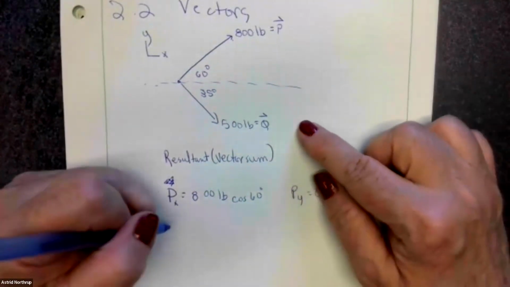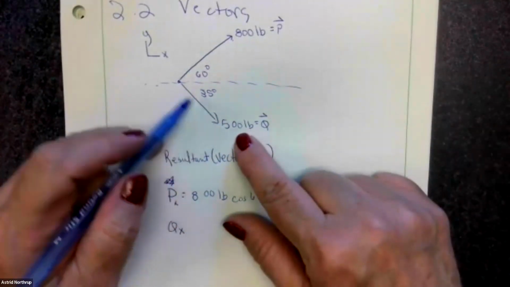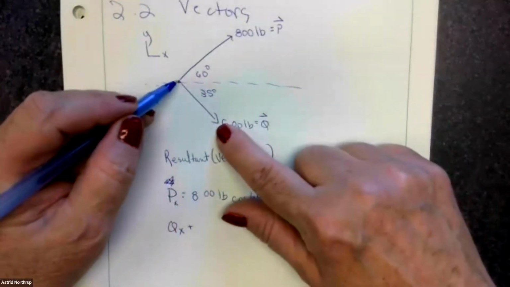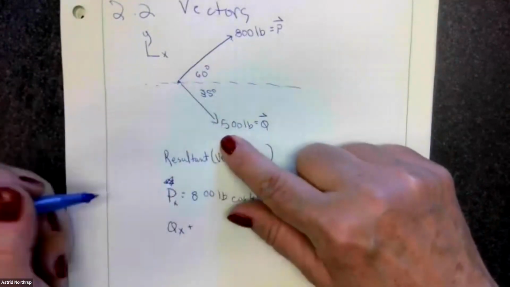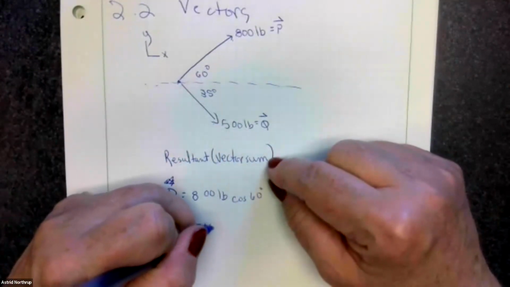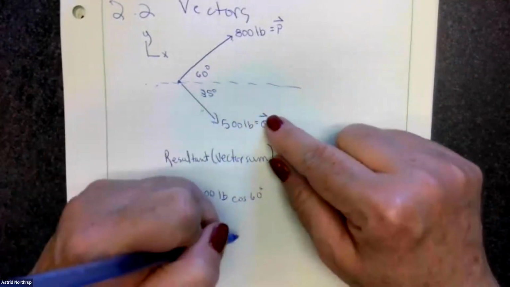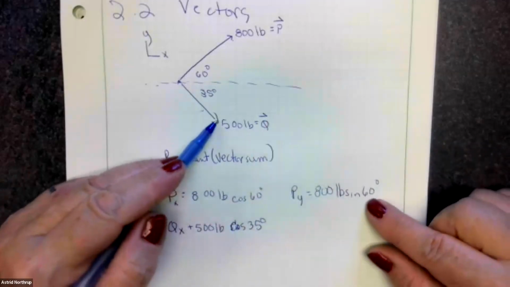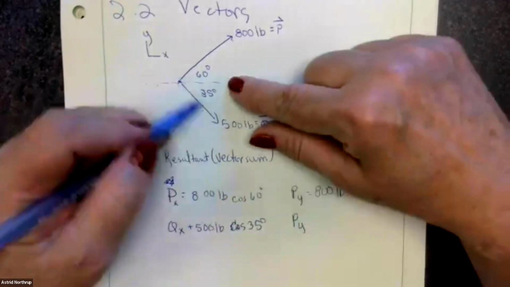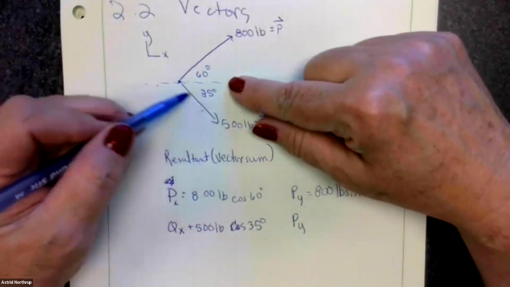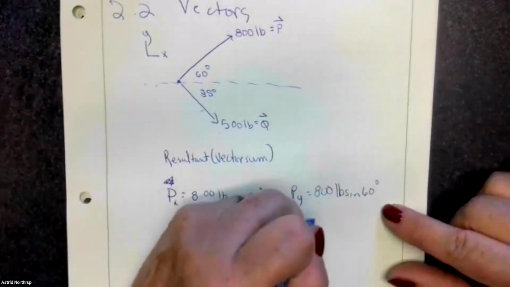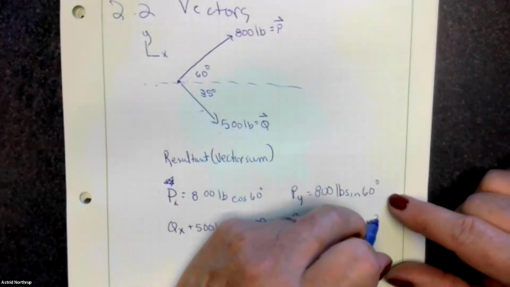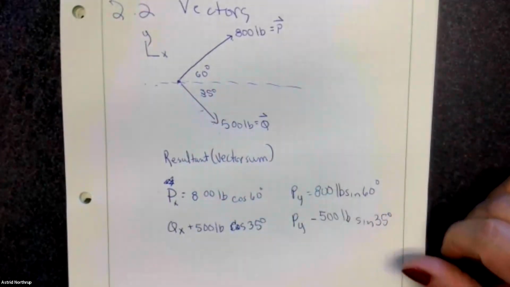Q sub X is positive, because from the tail to the tip it moves to the right, so it's positive 500 pounds times the cosine of 35 degrees. In the Y direction it's going down, so that's negative 500 pounds times the sine of 35 degrees.